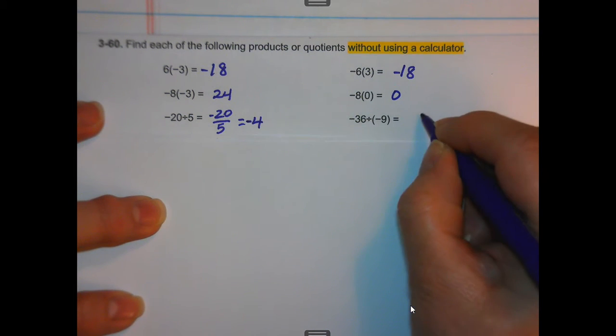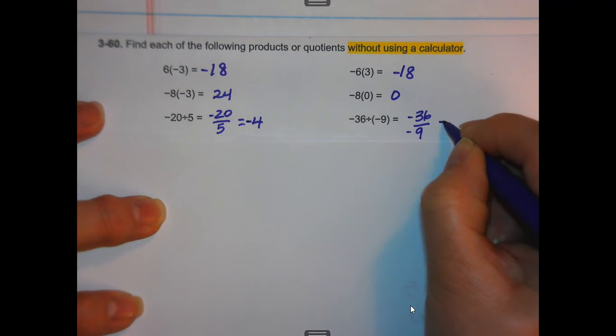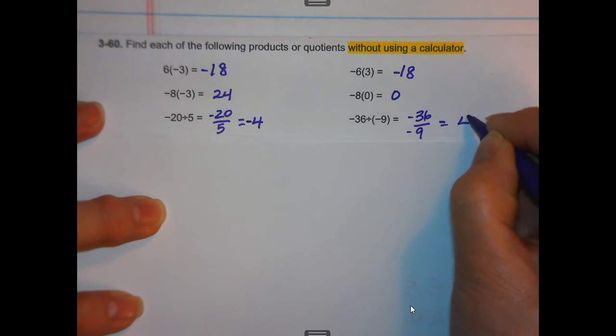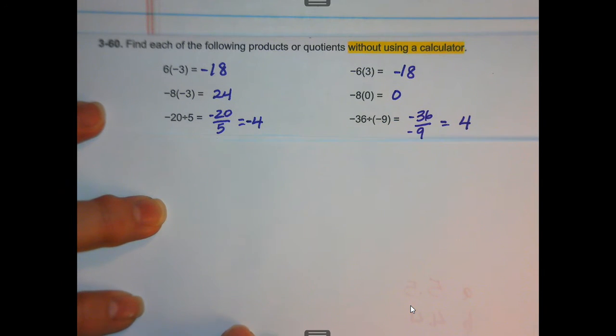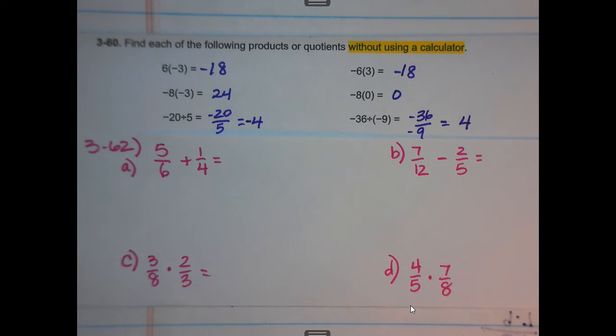This one here is negative 36 divided by negative 9. They are both negative numbers, so my answer is going to be 4, because 36 divided by 9 is 4. Same signs, positive answer.